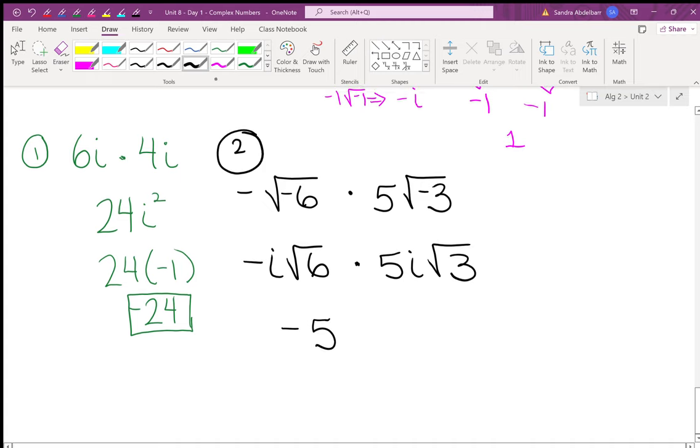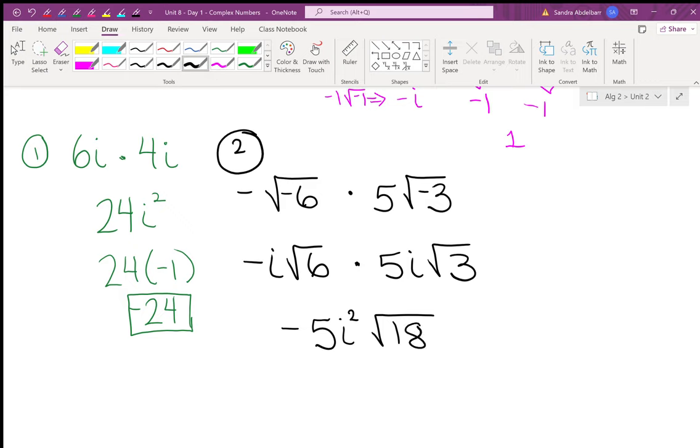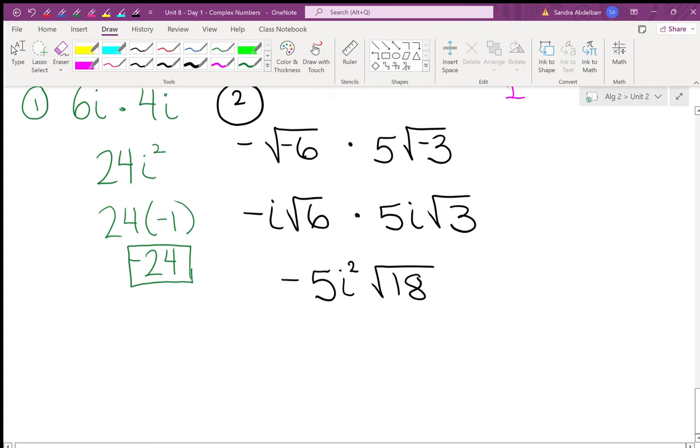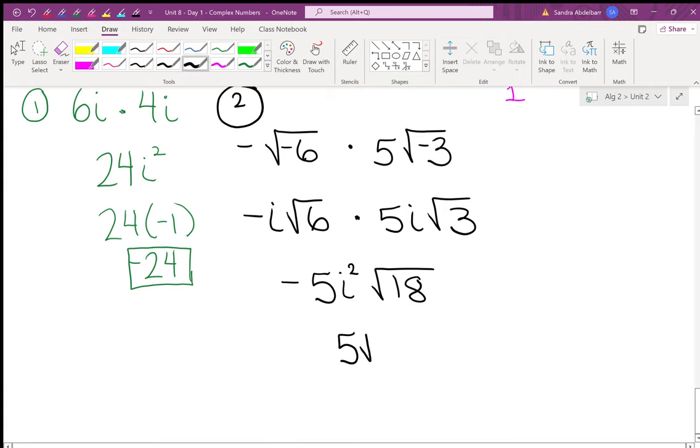I times I is I squared. 6 times 3 is 18. Still some work to be done, right? Start off with the I squared. What do we know I squared is? Negative 1. So a negative 1 times a negative 5 is a 5. I have 5 root 18.